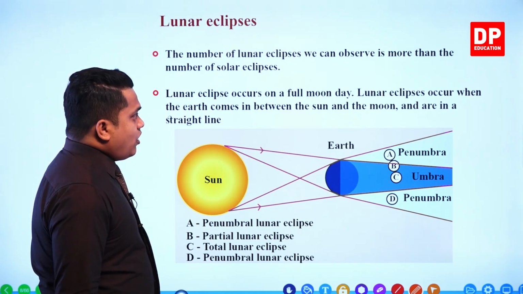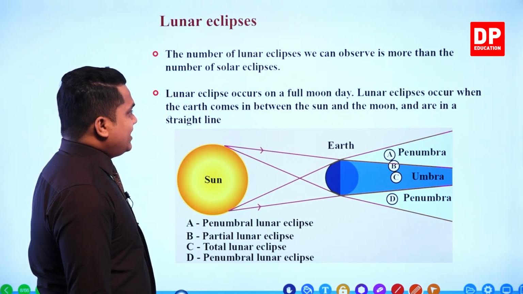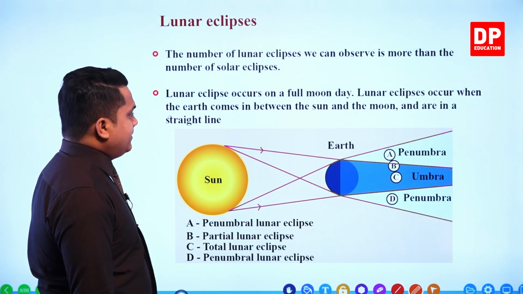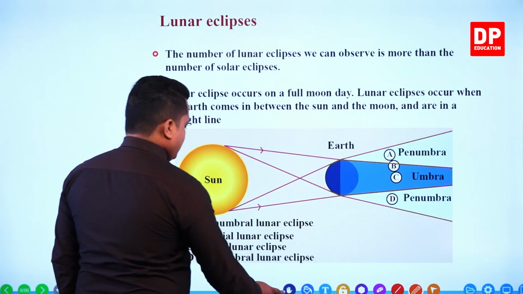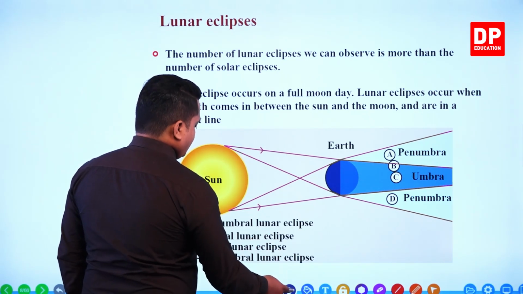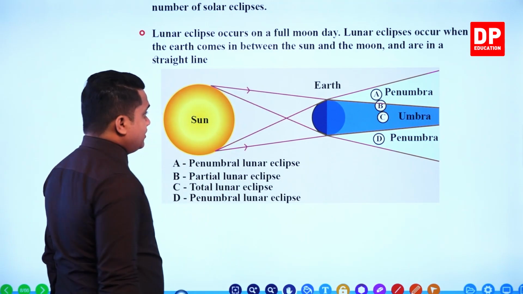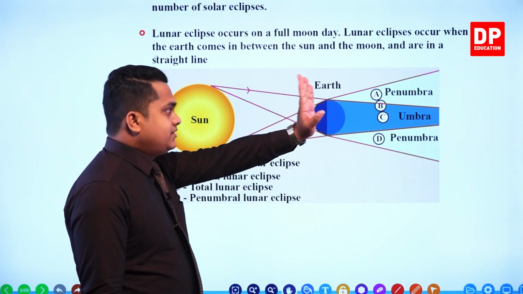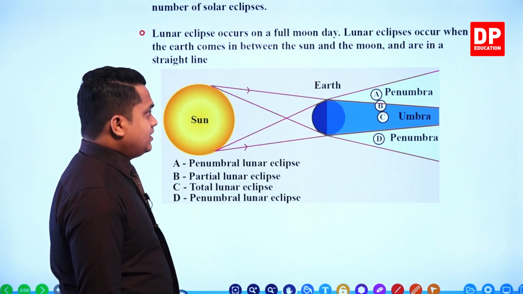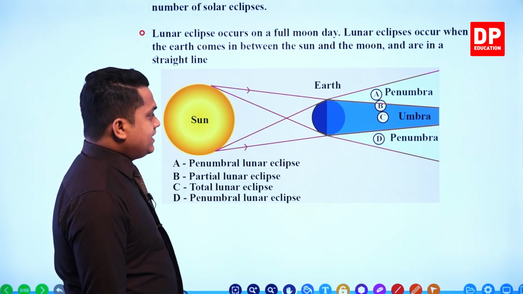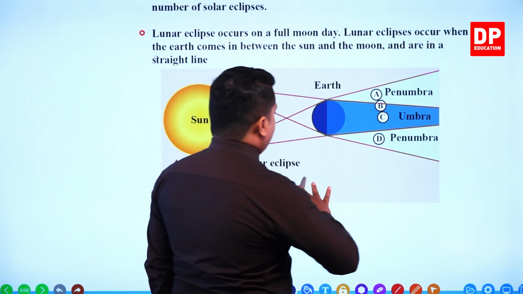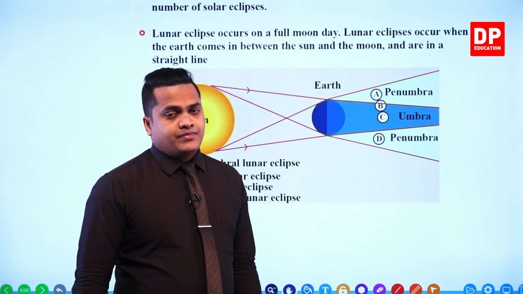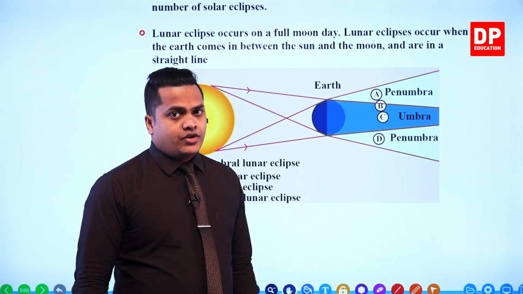Lunar eclipses occur when the earth comes in between the sun and the moon and they are in a straight line. As you can see in the figure, when the sun, earth and the moon arrange in a straight line like this, then my dear children, a lunar eclipse is going to occur.